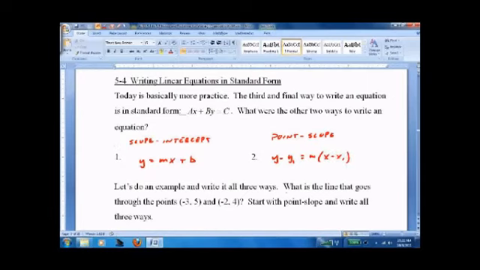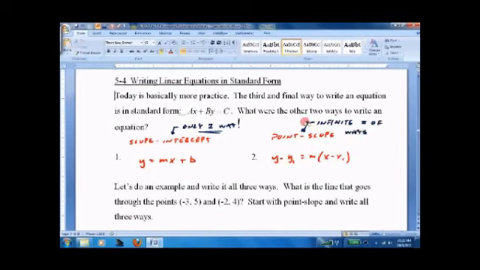So, the big thing to remember is that there's only one way to do slope-intercept, but there are an infinite number of ways to do point slope.